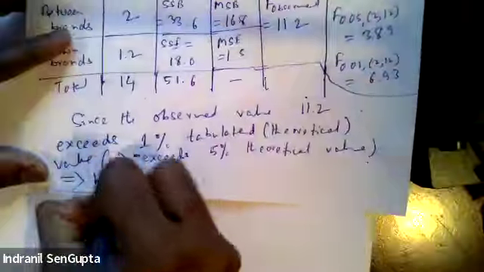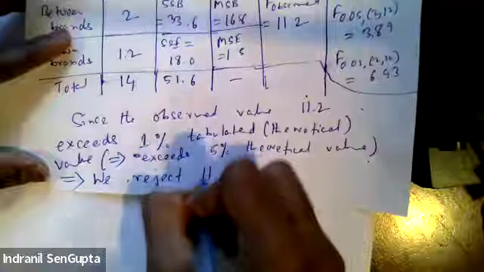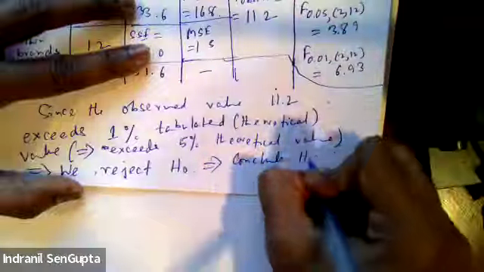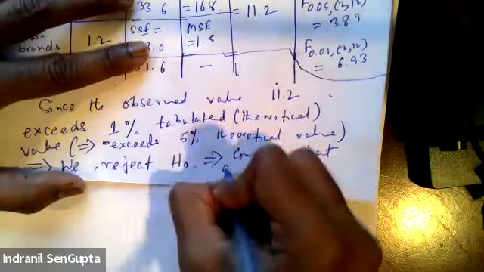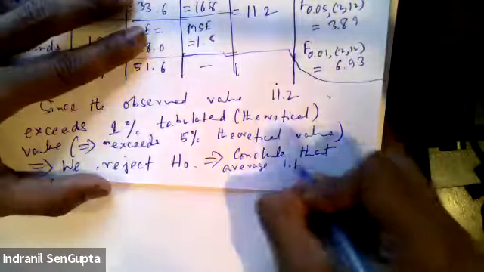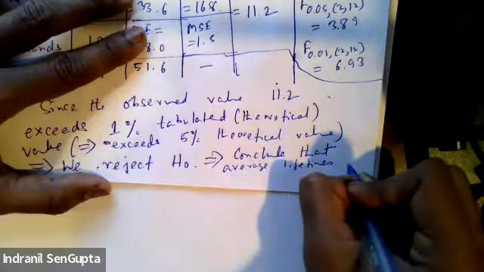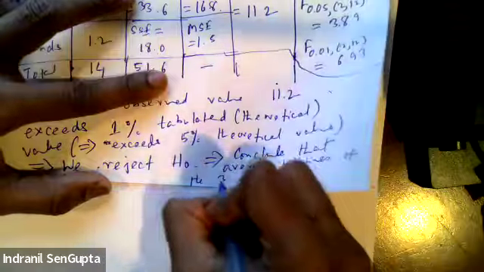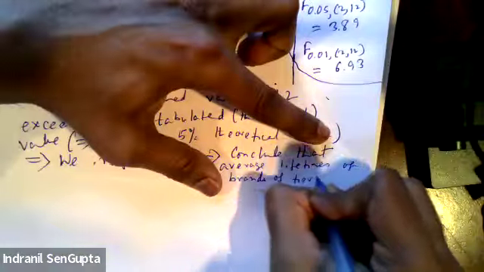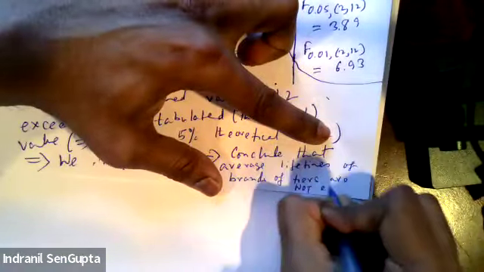The conclusion is we reject H0, and conclude that the average lifetimes of the 3 brands of tires are not equal.